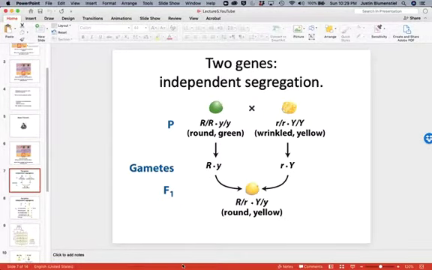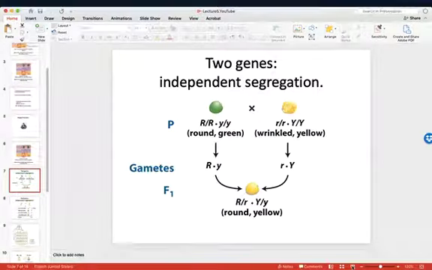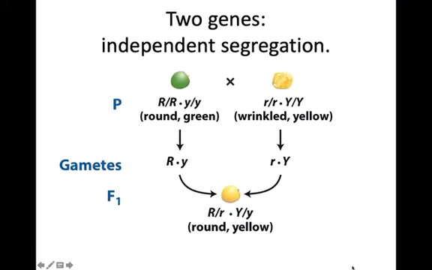Okay, so the next little bit is we're returning to Mendel now, and we're going to actually talk not about one single gene, but we're going to talk about 2 different genes, and in this particular case, they're going to be on separate chromosomes.